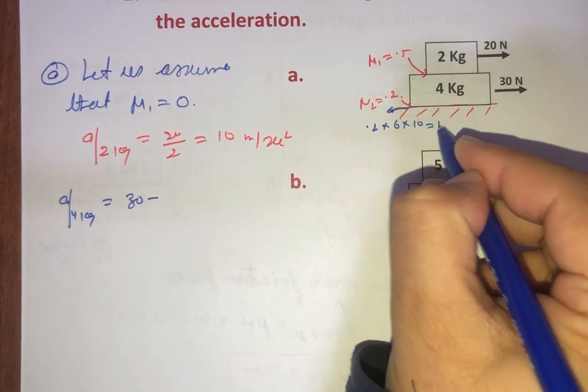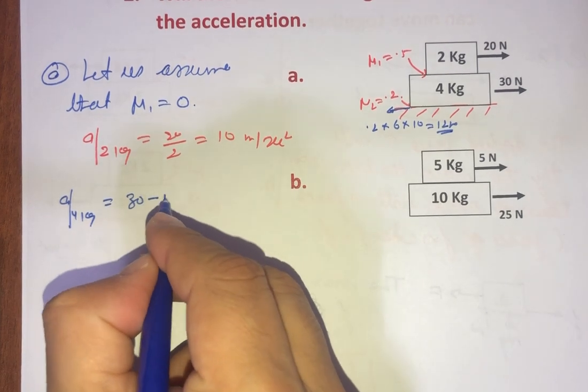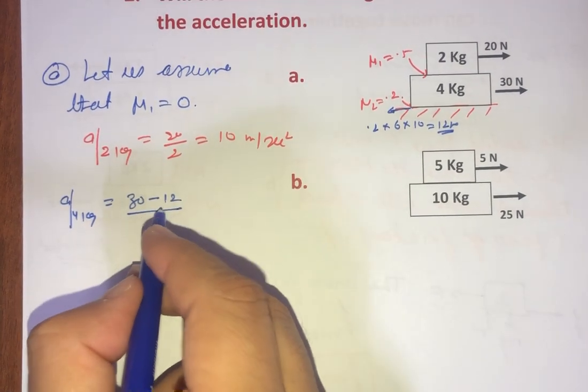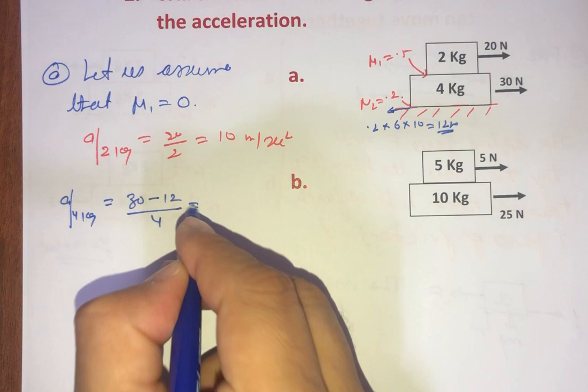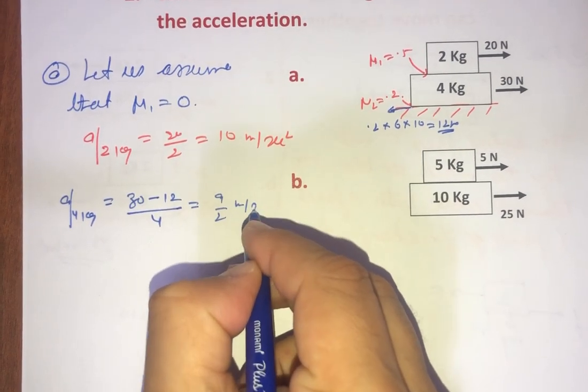That comes as 12. So this will be 30 minus 12 divided by 4, which comes as 9/2 meter per second square.